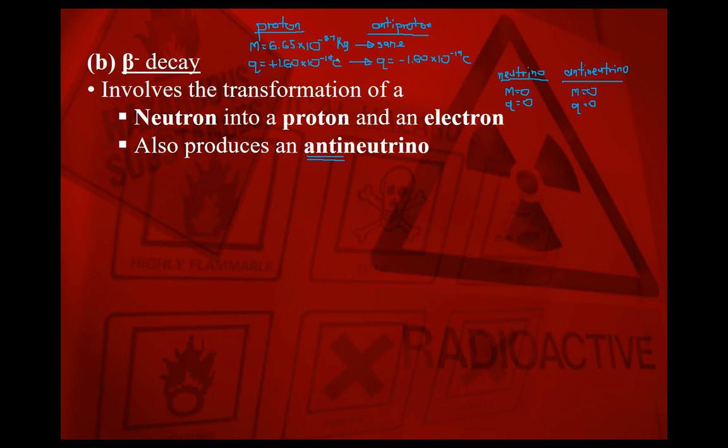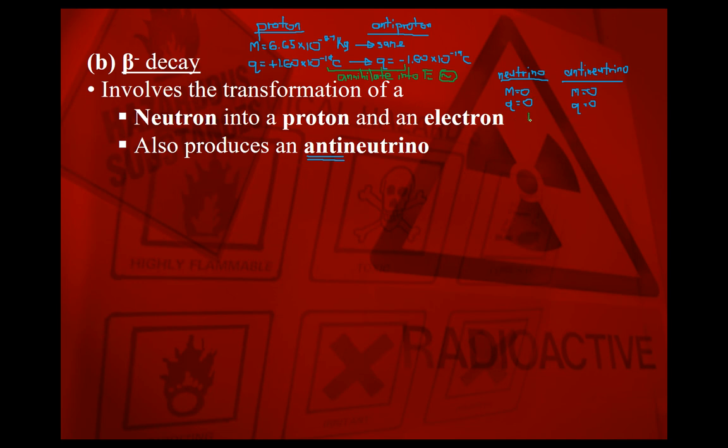If you take matter and antimatter and you interact them, they will actually annihilate into pure energy. Specifically, it's going to be energy in the form of a photon, usually a gamma ray. So we can't really use the opposite charge to describe a neutrino and antineutrino.